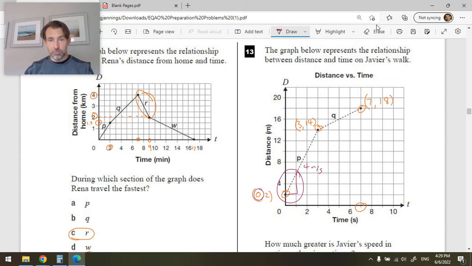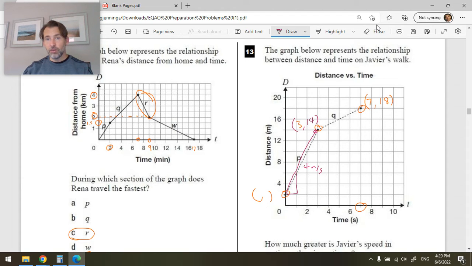Okay, he's gone from 0 to 3 seconds, and he's gone from 2 meters to 14 meters. 3 seconds at 4 meters a second should be 3 times 4, which is 12. 12 plus the initial value 2 is indeed 14. So that is correct. My quick visualization was enough to give me the correct answer there. Okay, now let's replace those points. This is 3, 14. Okay, so he's traveling 4 meters per second, Javier is, during this section of his walk.